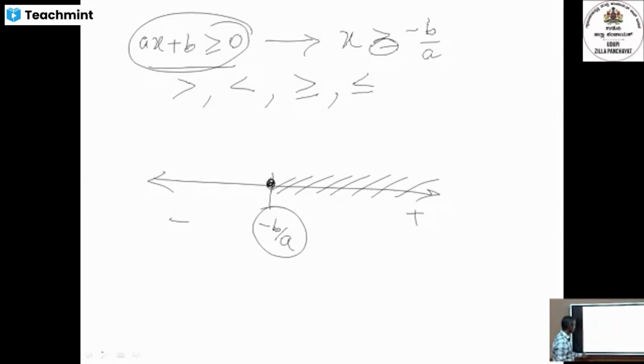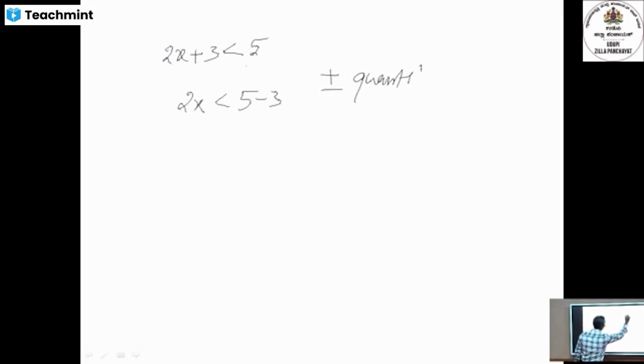Suppose, for example, we have 2x plus 3 less than, let us say, 5. Then we can see that 2x is less than 5 minus 3. We can add or subtract quantities on both sides. So it will be 2x less than 2.